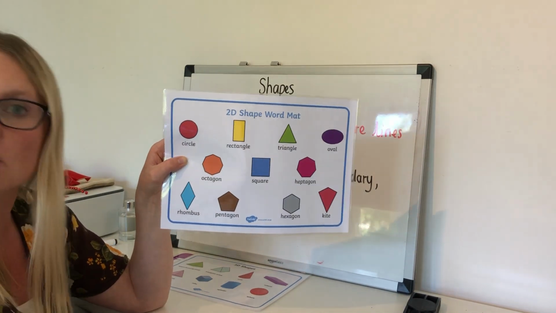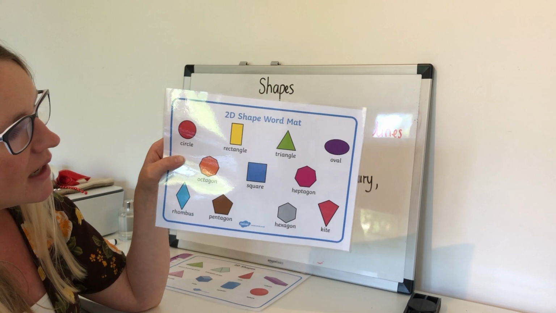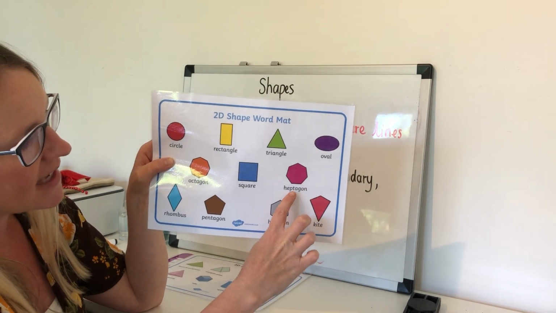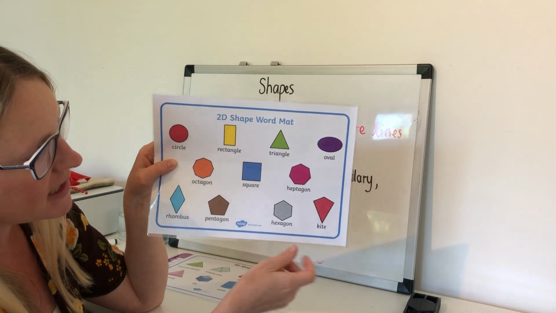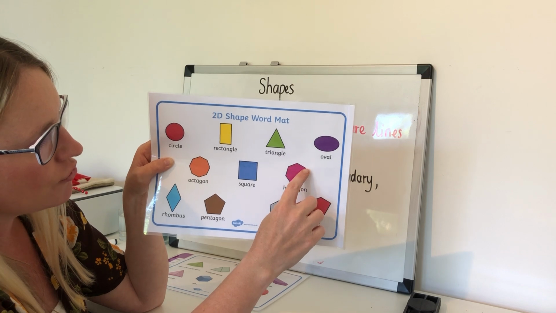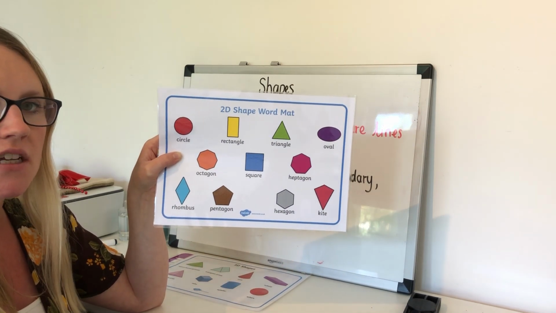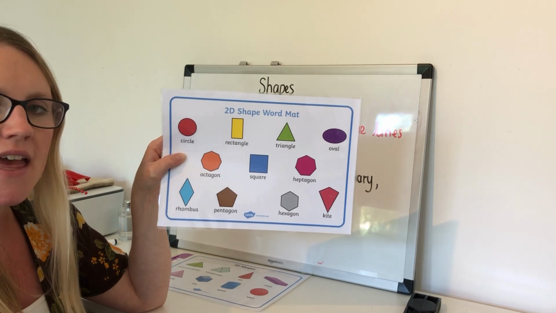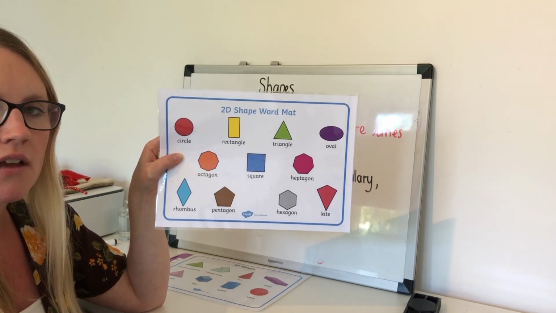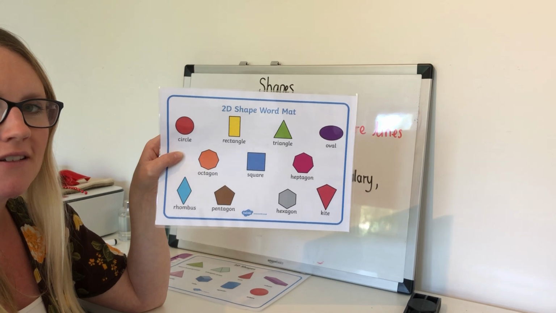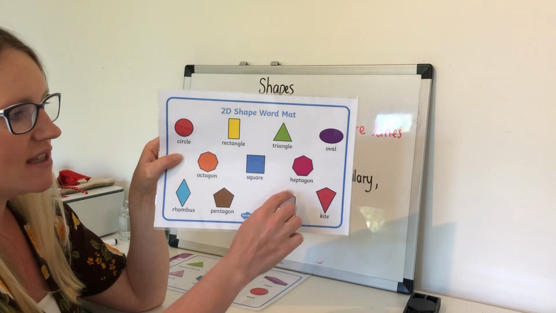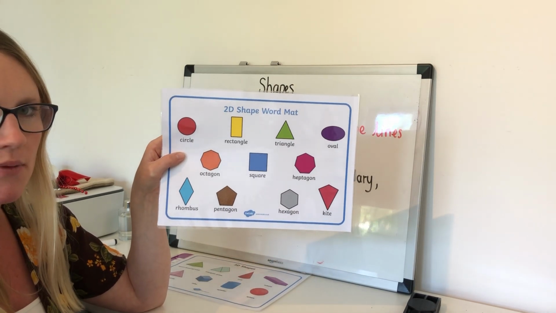And an octagon has got 8 sides. Now, this one over here has got 7 sides. Should we count them? 1, 2, 3, 4, 5, 6, 7. And it's called a heptagon. Can you say that? Heptagon. Now it might be worth you writing that one down and trying to remember it, because that's a tricky one.